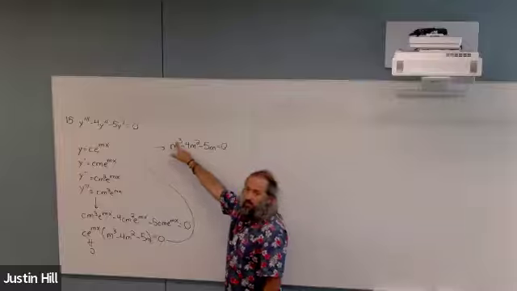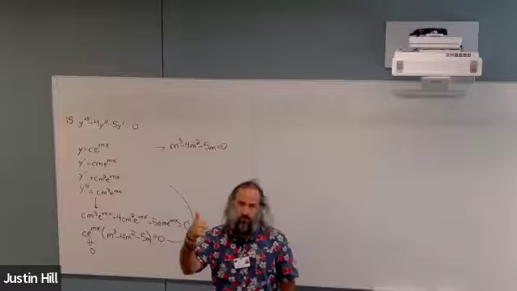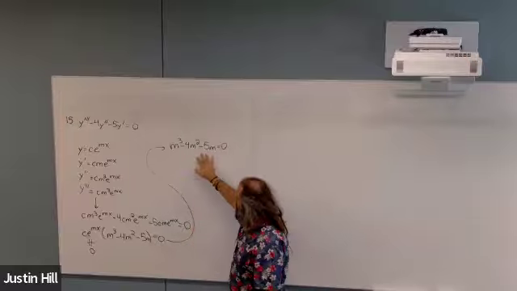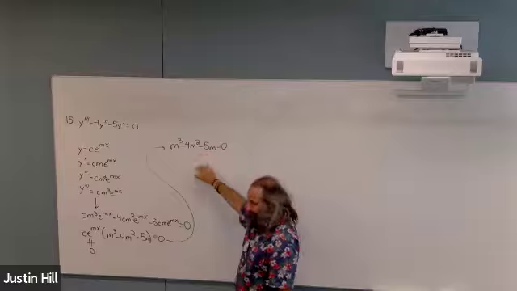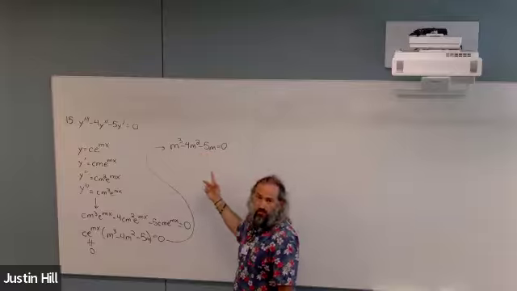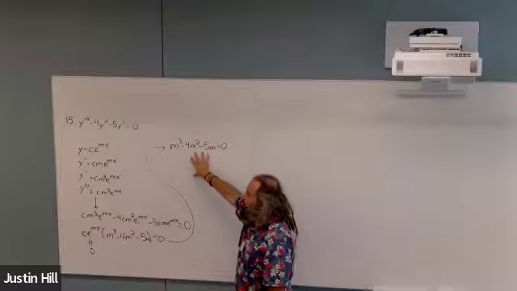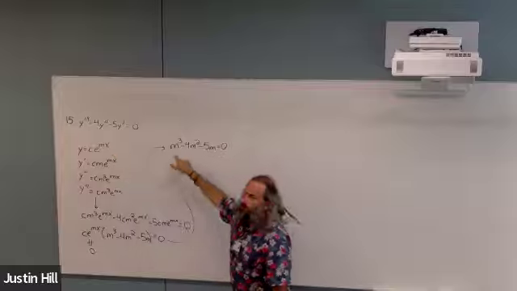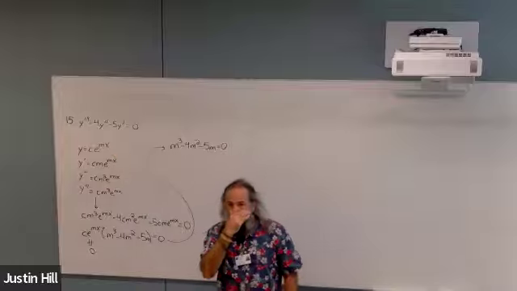Since this is a third degree equation, it doesn't always have three solutions, but you could have up to three solutions. Instead of just getting two solutions like we saw in the first three, you could possibly get three solutions here. If this was a fourth derivative and therefore a fourth degree, you could possibly get four solutions.